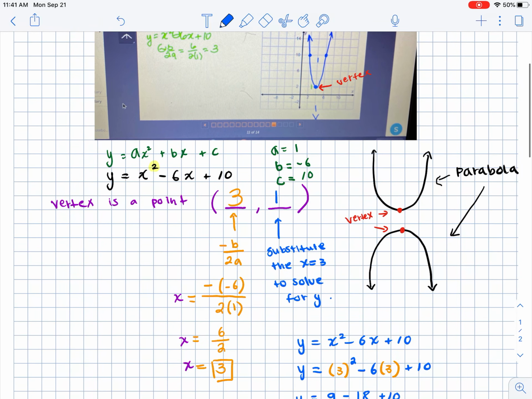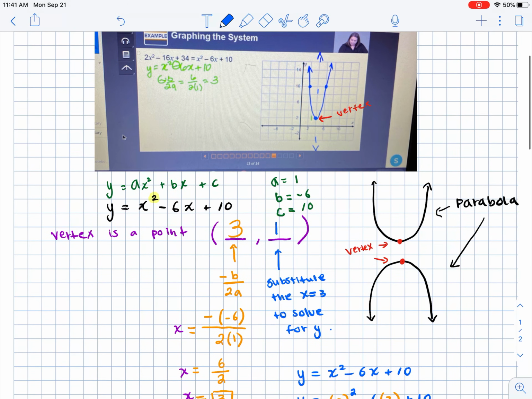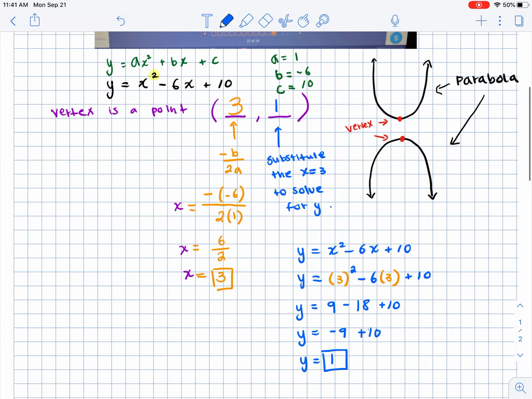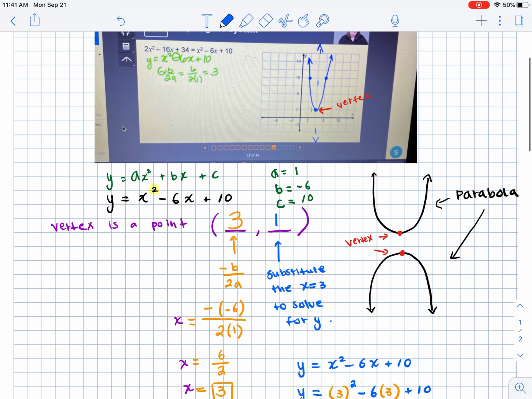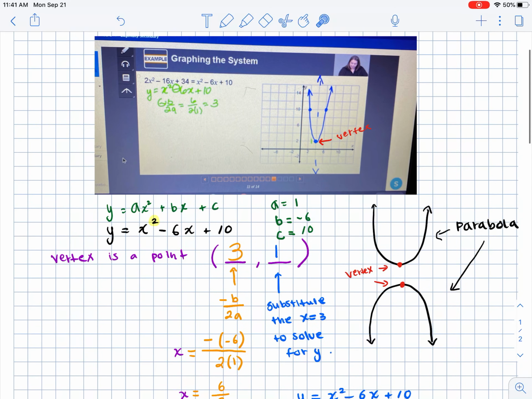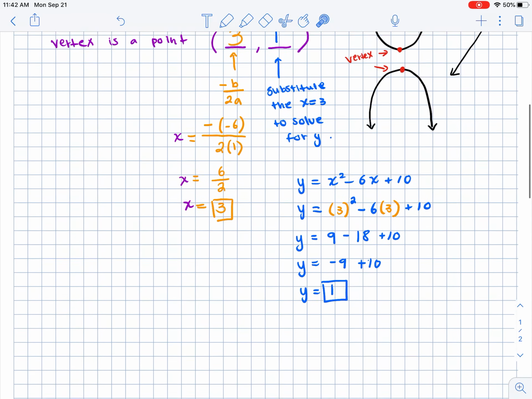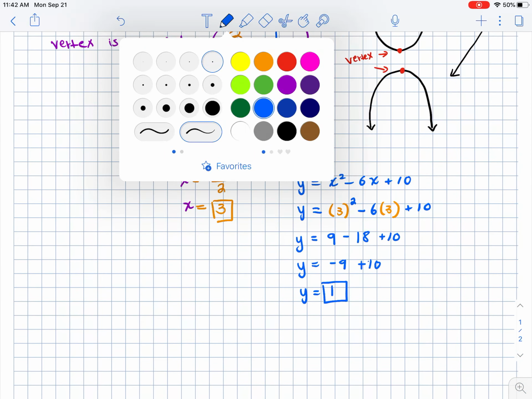I'm going to refer back to this example. Okay, well, I'm just going to graph my own.